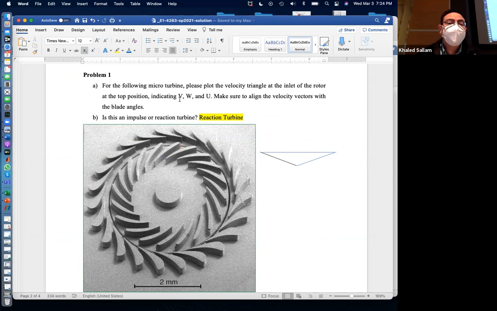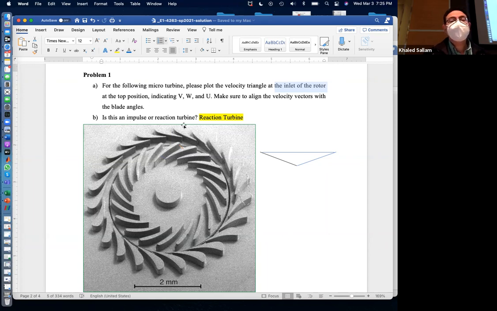He's asking you to show where V, W, and U are at the inlet of the rotor at the top position, because the rotor is the moving part, the stator is the fixed part. So you can plot the velocity diagram or triangle here, or here, or here, or here. He wanted you to plot it at the top center, at the top position. So you're supposed to plot the velocity triangle at the inlet of the rotor, not the exit, the inlet of the rotor. Okay, so 1, 2, 3.